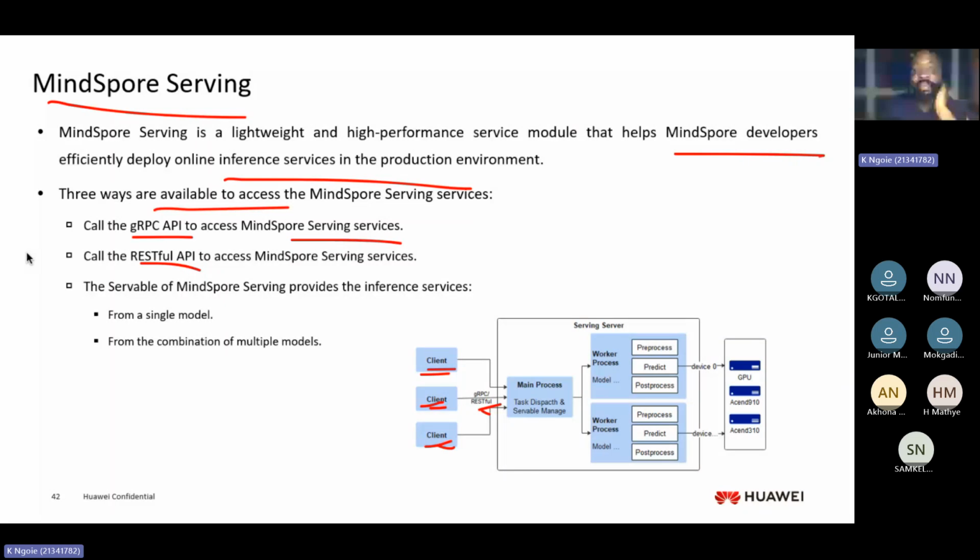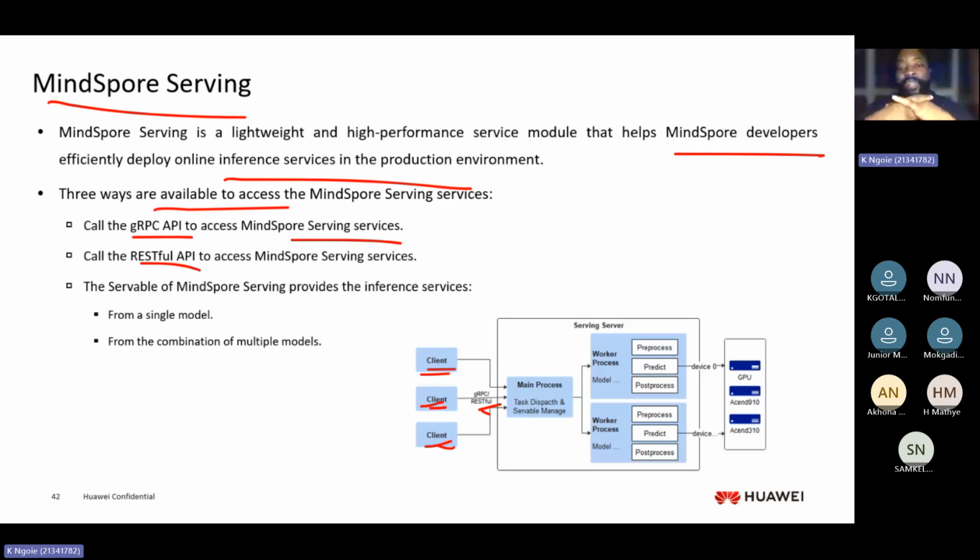Using gRPC would be better if you don't really need to access it through a certain website or link.